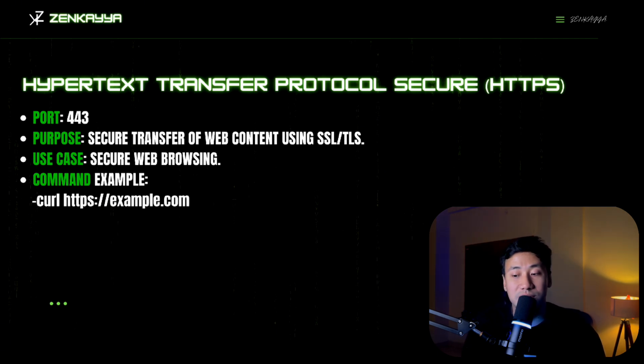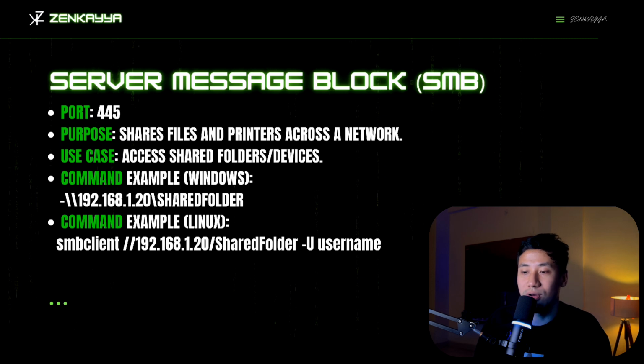Use case: secure web browsing. Whenever you are using a web browser, you are accessing HTTPS, that is the secure version. Whenever you access HTTP, it is not that secure. They can access your password. So that is the reason they say always access HTTPS websites. Command is nothing but https and the website name. I hope you are understanding.